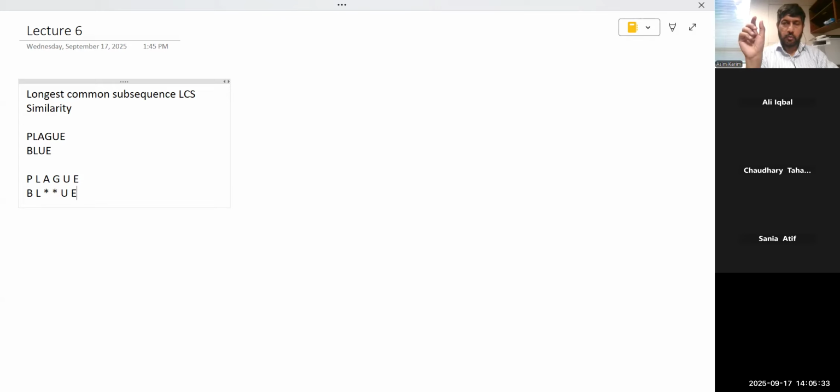So you have two characters that match, U and E, and there is also another character that matches, L. We actually count all characters in LCS. So the longest common subsequence for X and Y in this particular case would be 3. Okay?